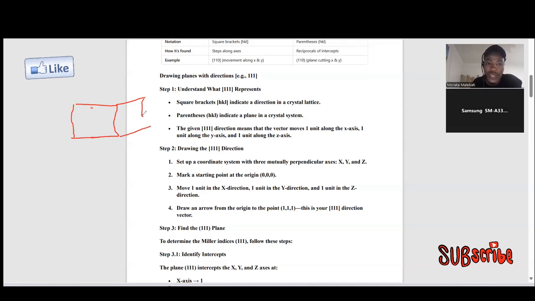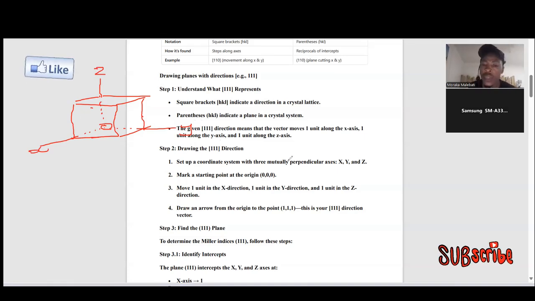I'm not good at drawing, but something like that. This will be your origin, then this will be your x-axis, this will be your y, this will be your z.